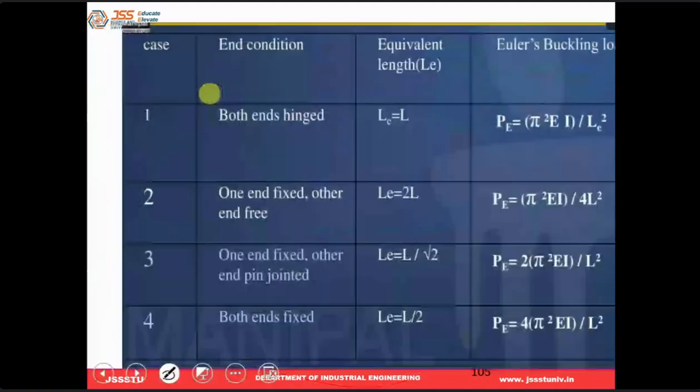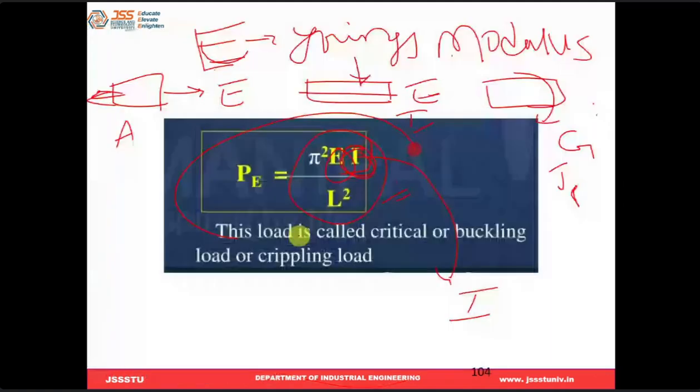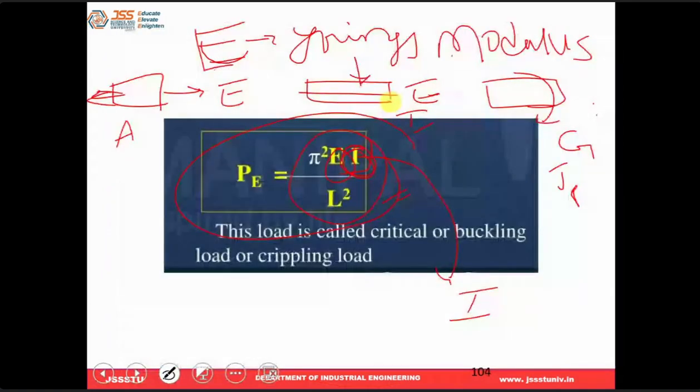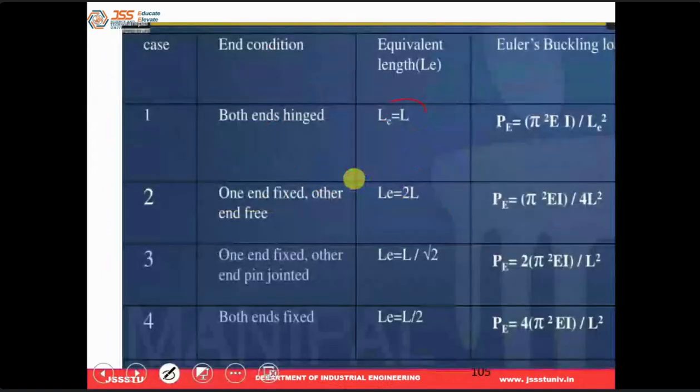We know the general case for P, this is the equation, but according to the end condition, what does P become? Here we are talking about only the end condition: E will not be changed, not even I, the only change will be the length of the beam, that is called the effective length.